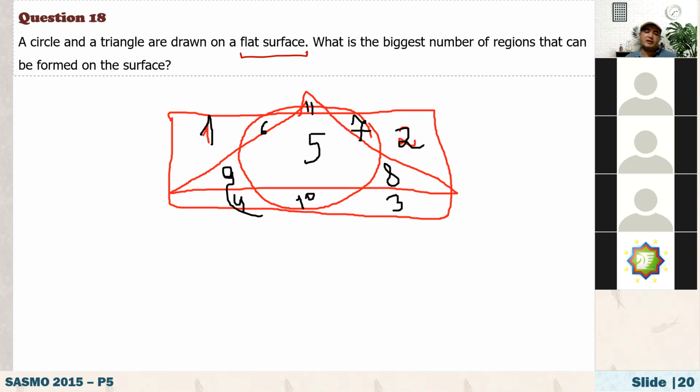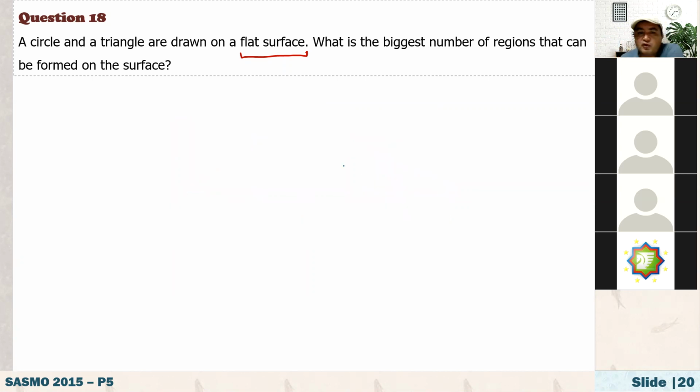Surface means it doesn't have any border, right? That's why you should not draw anything here. Just draw a circle and triangle. If you are drawing this on a piece of paper, Aydın, at that time you can draw a rectangular piece of paper. But here they say flat surface. It doesn't have any border.